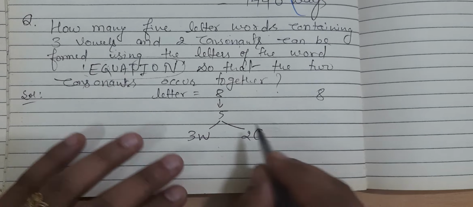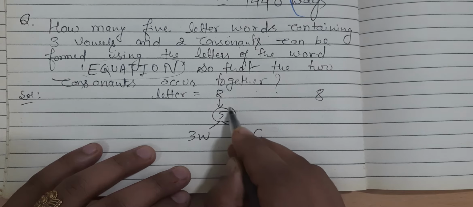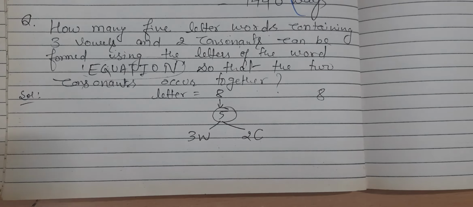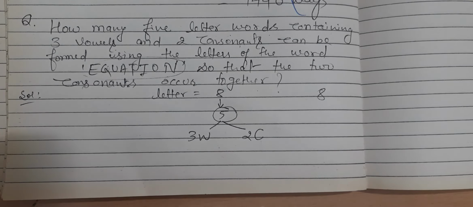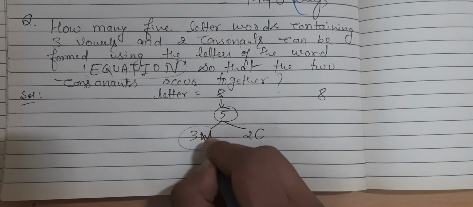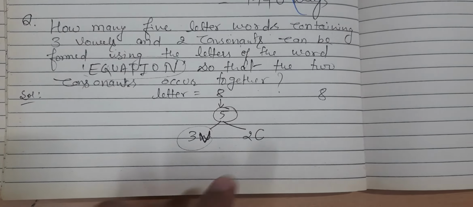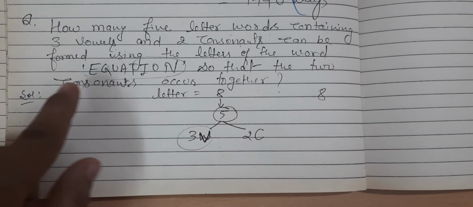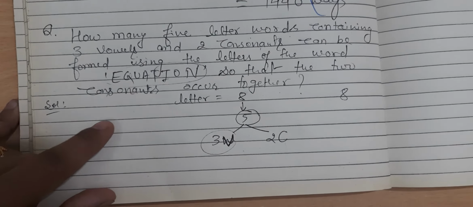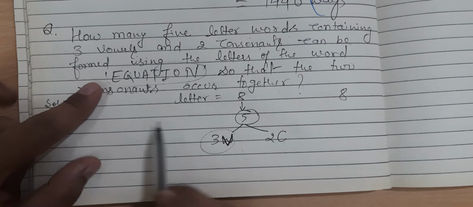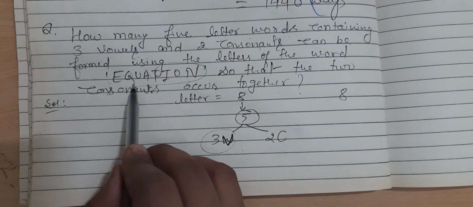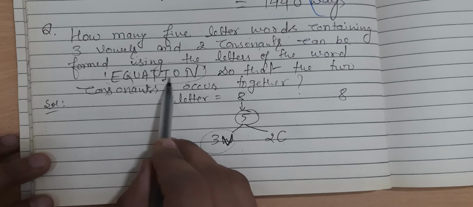We have to form different words containing 5 letters, and in these 5 letters 3 are vowels and 2 are consonants. So in our question the word given is EQUATION. Here how many vowels are there? 1, 2, 3, 4, 5.